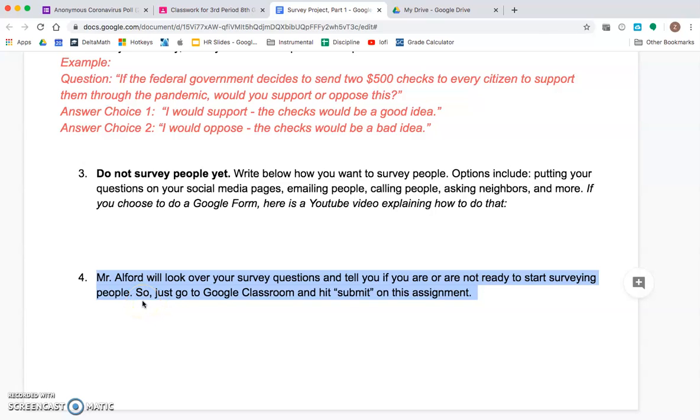Or I'll tell you you're ready to survey people and you can start surveying people. So you aren't writing anything right down here. I'm just telling you, go to Google Classroom and hit submit on this assignment. That's how you are telling me that you are done with part 1 and you are ready for me to look at your first 2 questions.